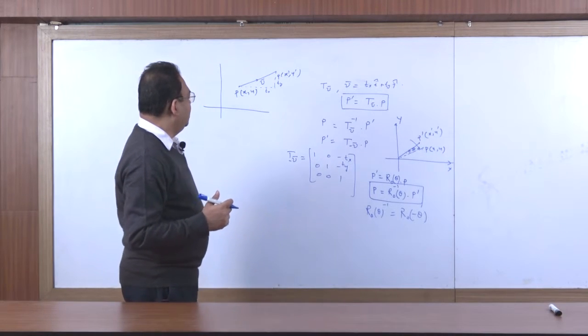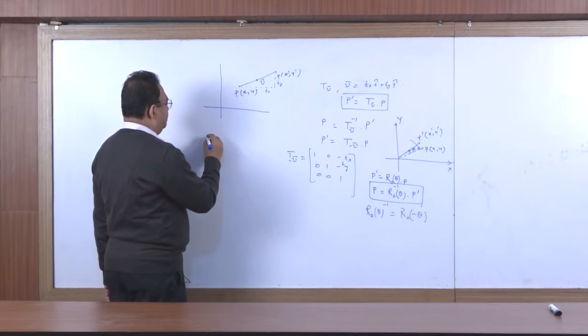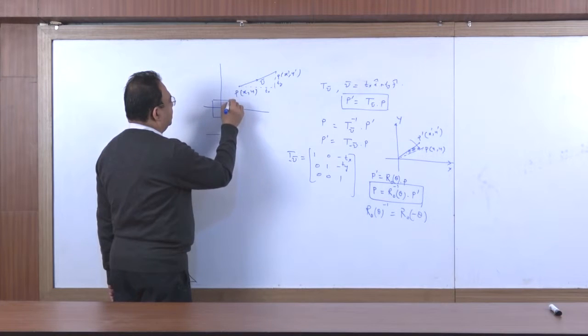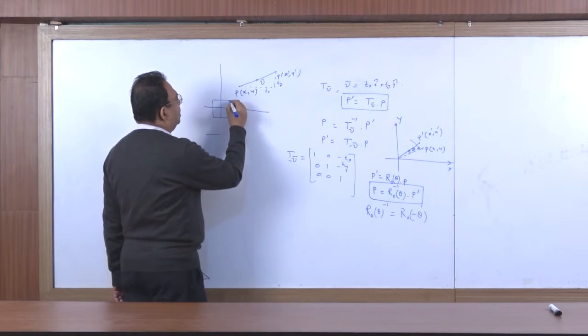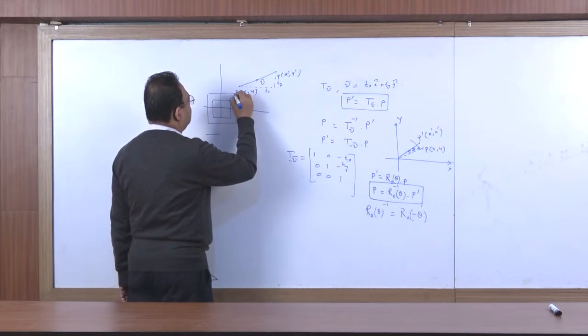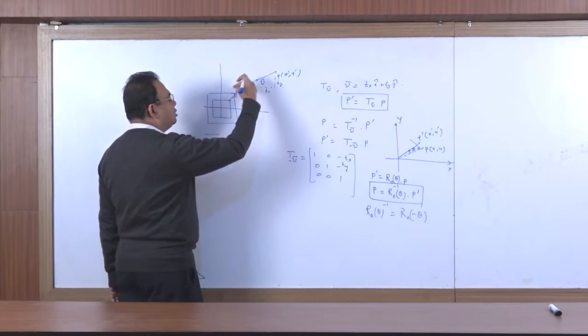In the same way, suppose we scaled a particular point on the object. After scaling, this point is here, for example, this point is scaled up to these positions. So inverse scaling is opposite to that.